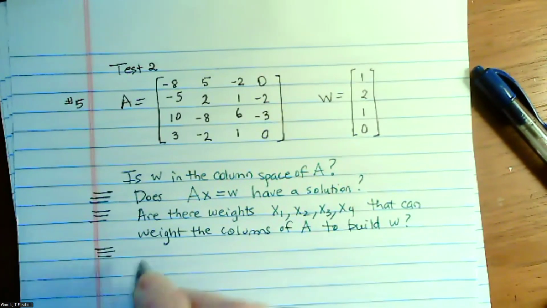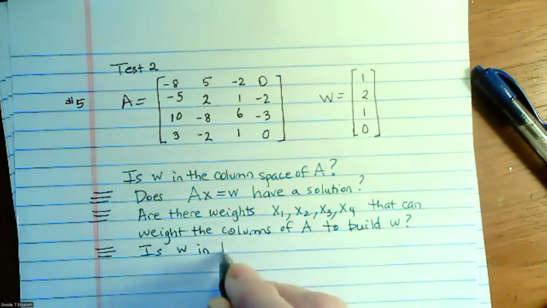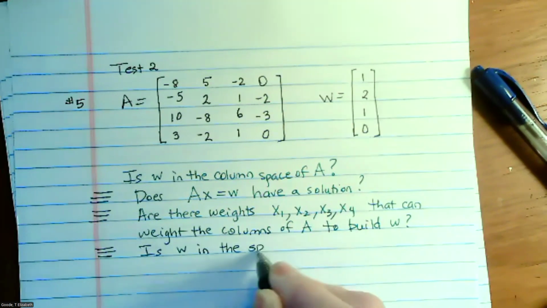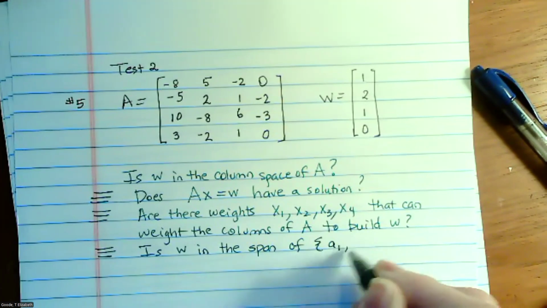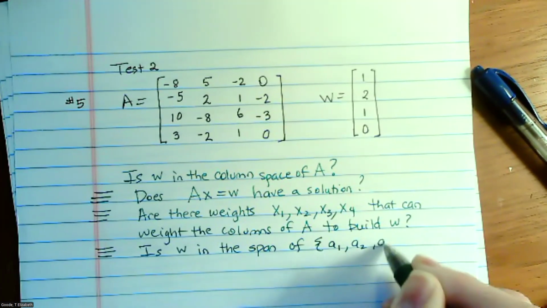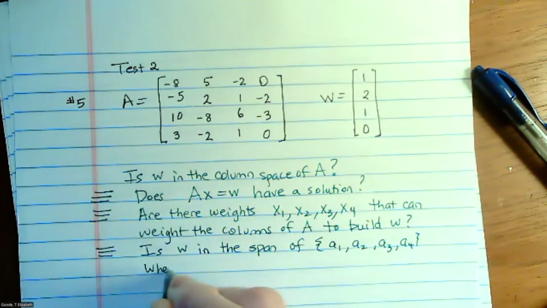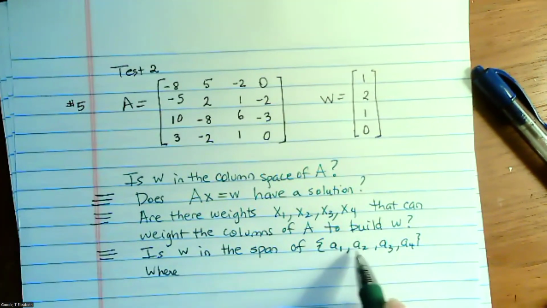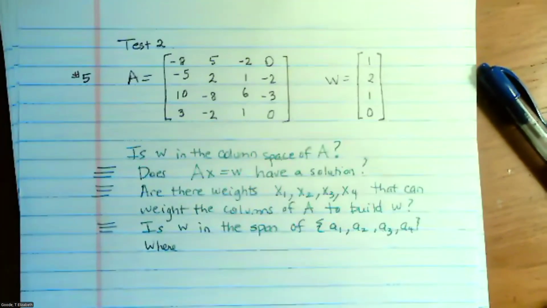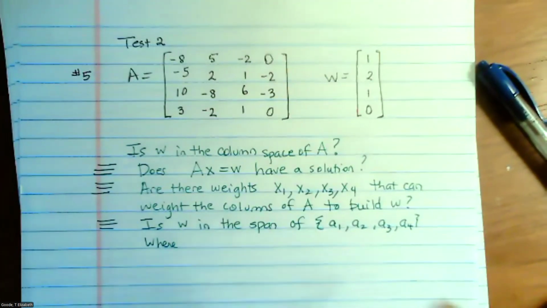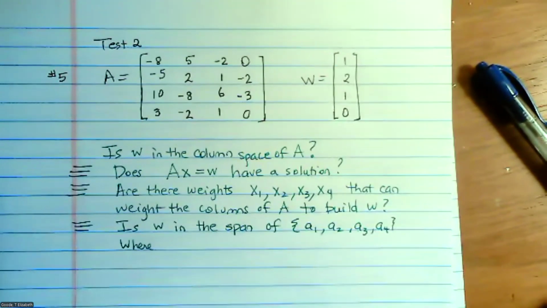It's the same thing as saying, is W in the span of the set A1, A2, A3, A4, where A1, A2, A3, and A4 are the actual columns of A.